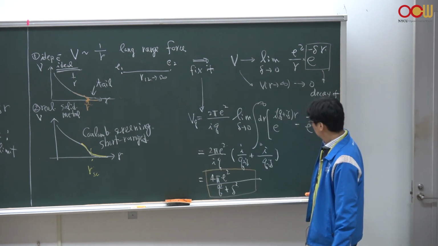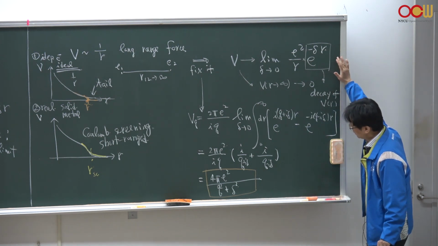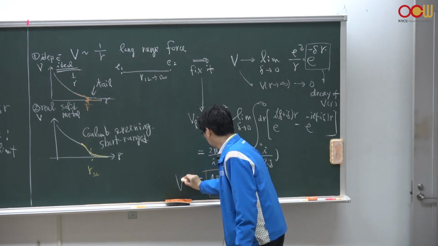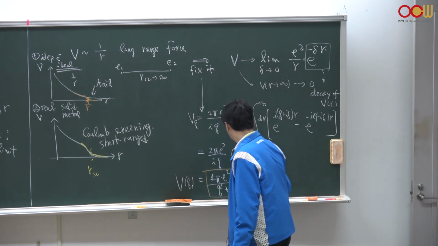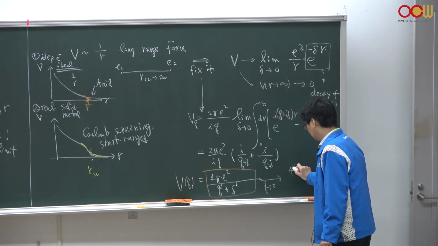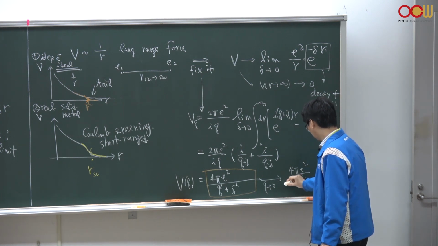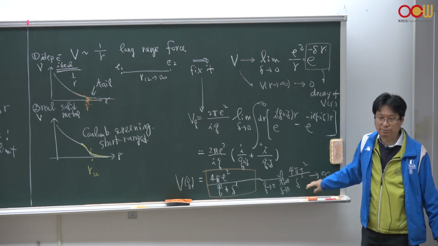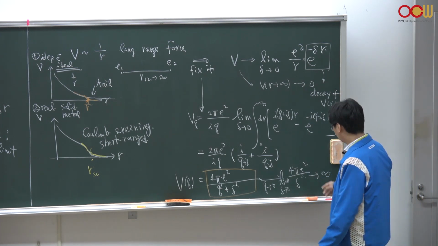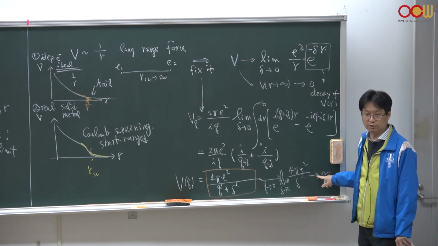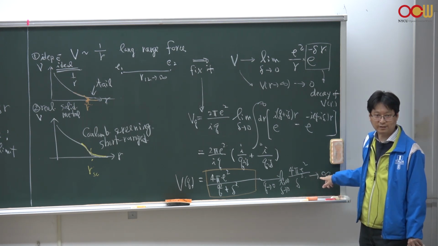By introducing this convergence factor, we avoid the divergence of V of q when q goes to 0. Now, when q goes to 0, this becomes 4 pi e squared over delta squared. Of course, delta is actually small, so this doesn't really solve the problem, because when delta goes to 0, this is 1 over delta squared, which is also divergent.